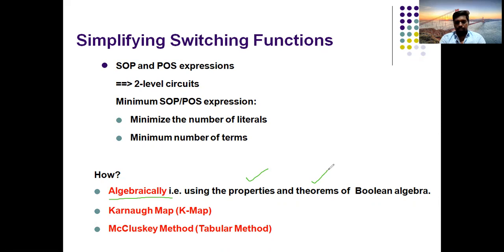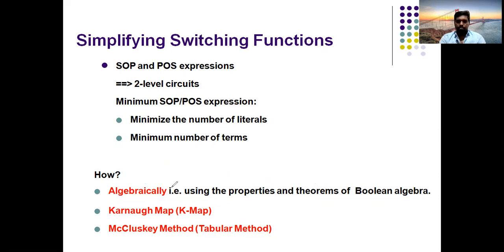We have several properties like associative property, commutative property, and distributive property, and some more. When coming to theorems, we have the duality theorem, the consensus theorem, and De Morgan's theorem. So by using those theorems and properties, we know how to reduce. If you use the properties and theorems for reduction of an SOP or POS expression, you call that the algebraic method of reduction.